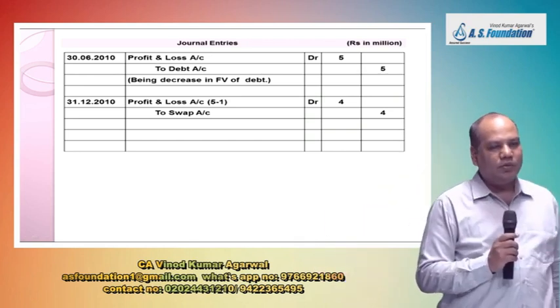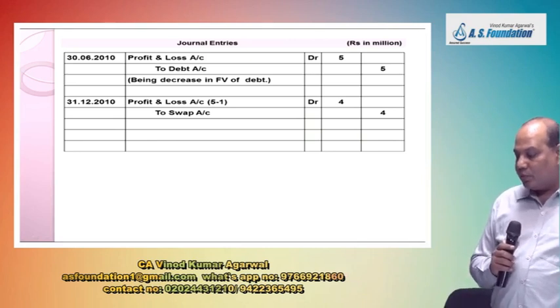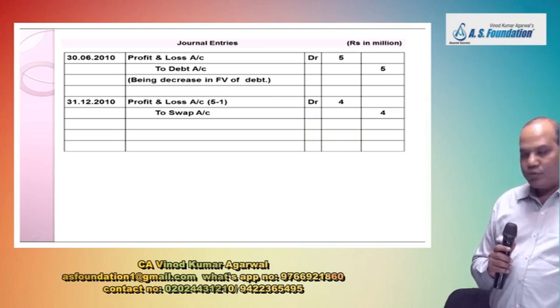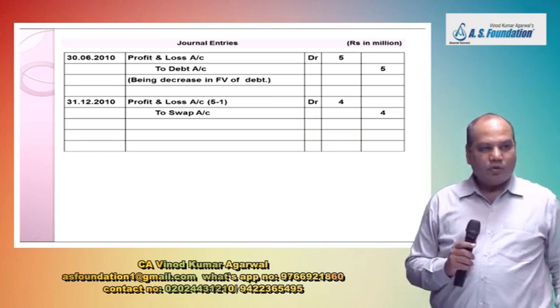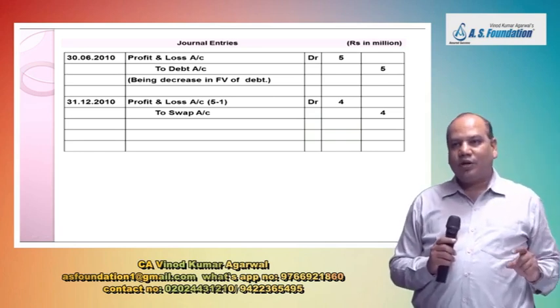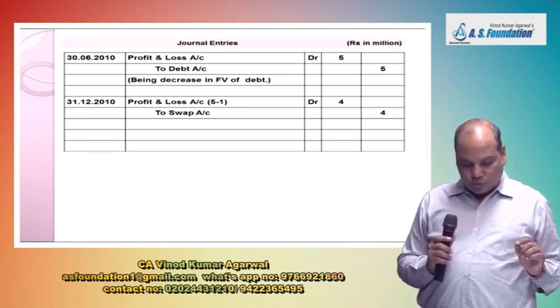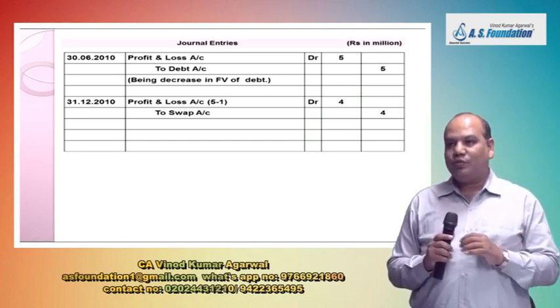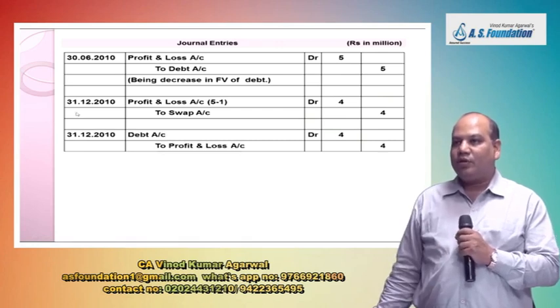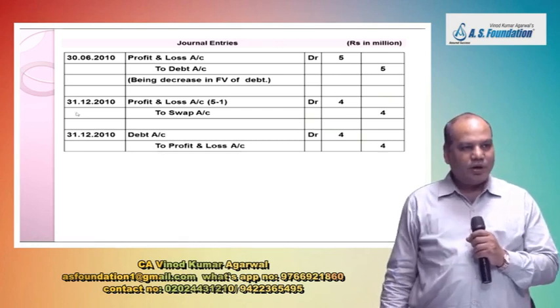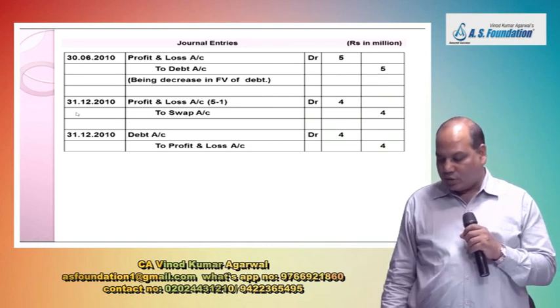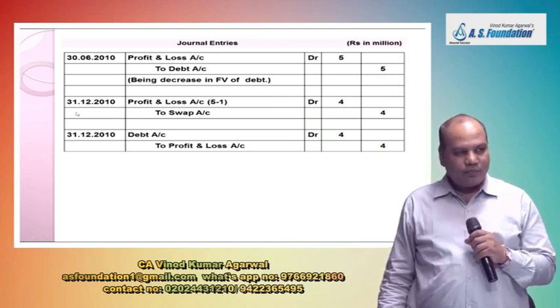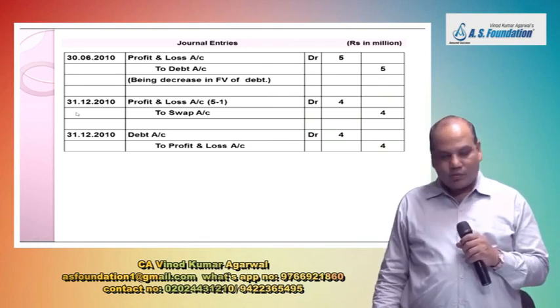So this time there is a loss on the derivative. P&L account debit 4 to swap account 4. But this time there is a gain on the debt instrument. From 205 it has become 201. Entry: debt account debit to P&L account 4, being decrease in fair value of debt.